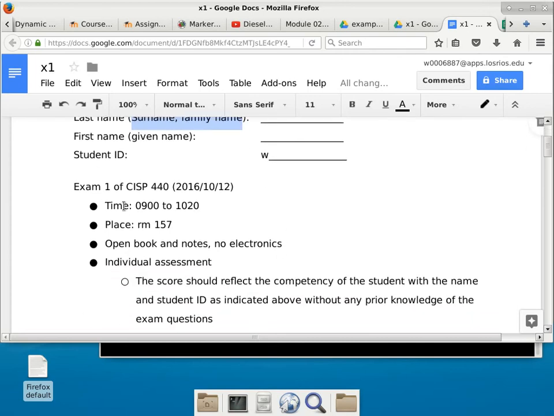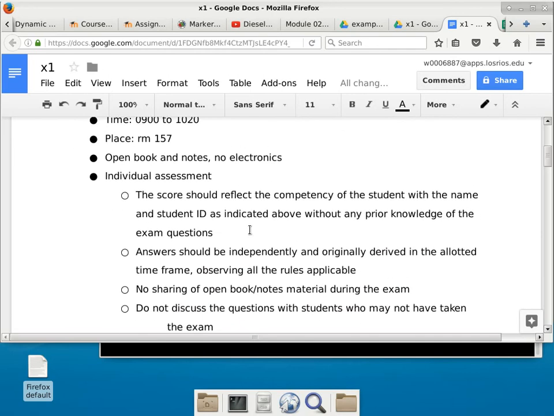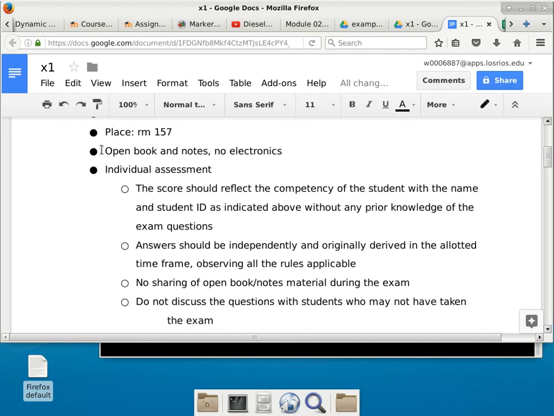The time obviously is not going to be the same. The location is not going to be the same, but it is still going to be open book and open notes and no electronics. Okay, if you have been taking notes using your computer, print it out. But it's open book in the sense of it's open books. If you find like 20 books that you think might be helpful in the exam, roll them in.